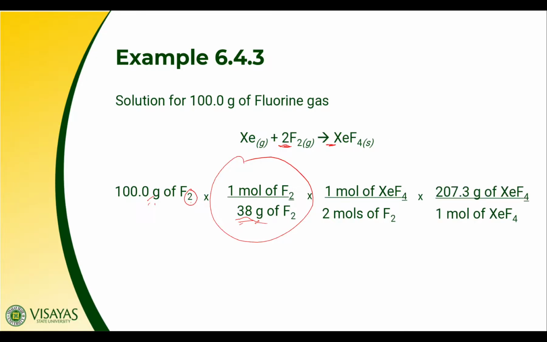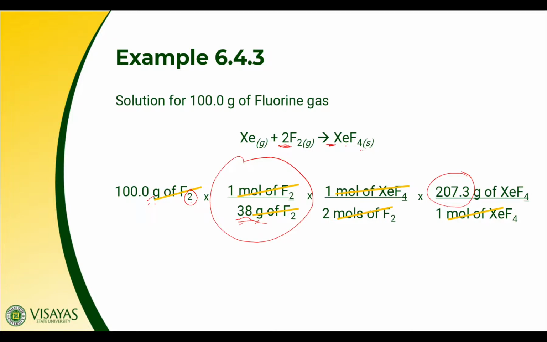So you look up the molar mass of xenon, then you add that to the molar mass of fluorine times 4. So you look up the molar mass of fluorine in the periodic table of elements, multiply that by 4. Then the product will be added to the mass of xenon, and you'll get 207.3 grams of xenon tetrafluoride.